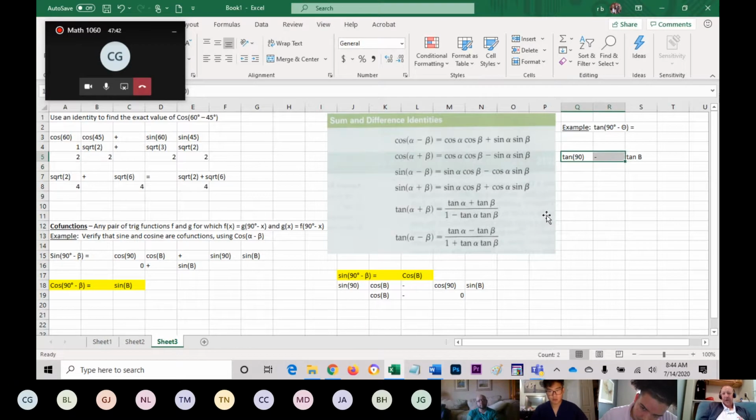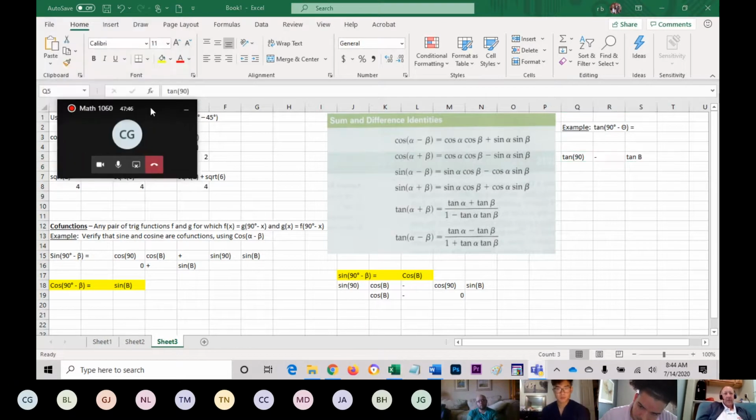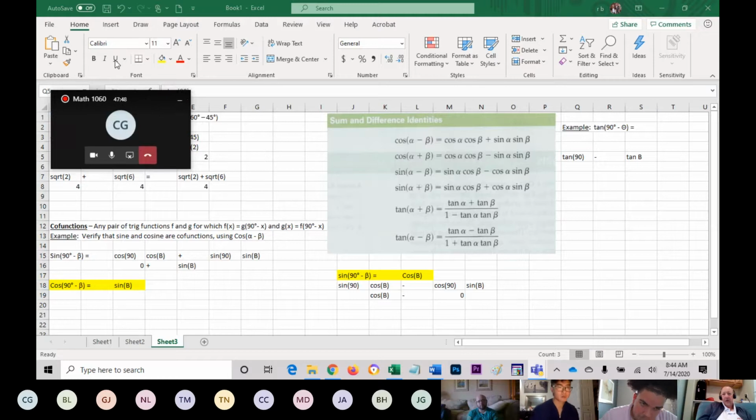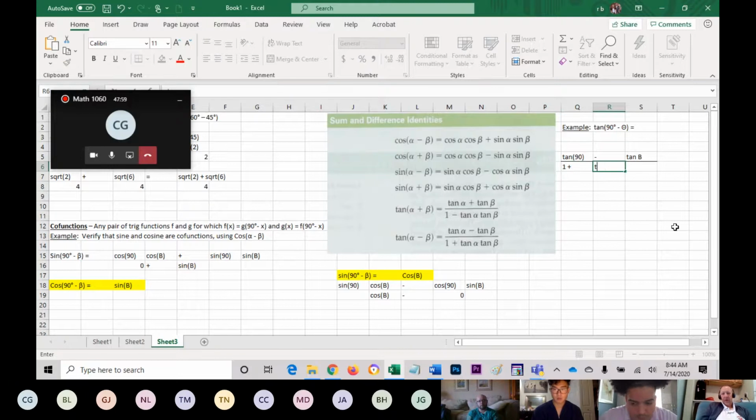Over, so this is a fraction. Actually, I want to use that one. Okay. Over 1 plus the tangent of 90 times the tangent of beta.